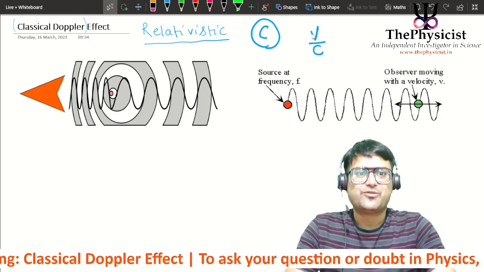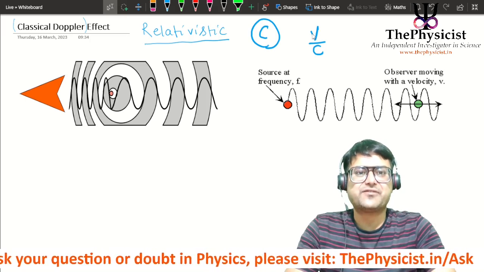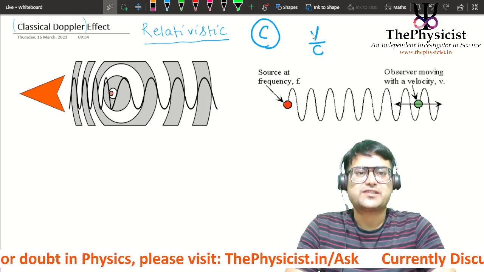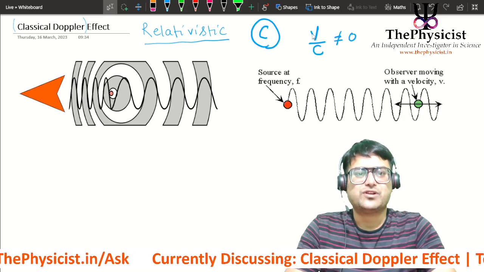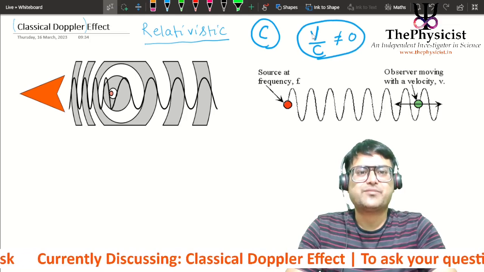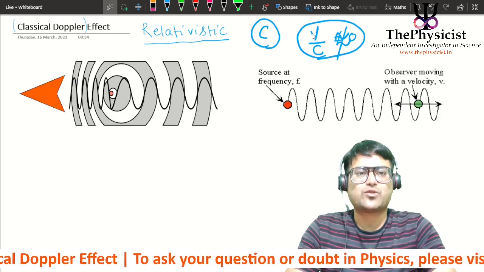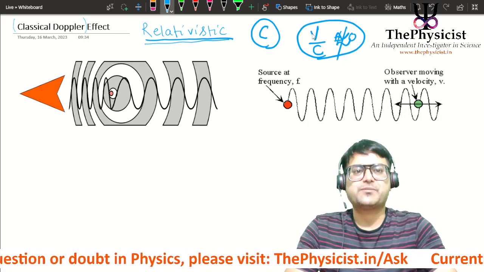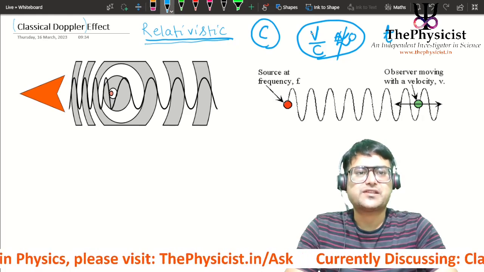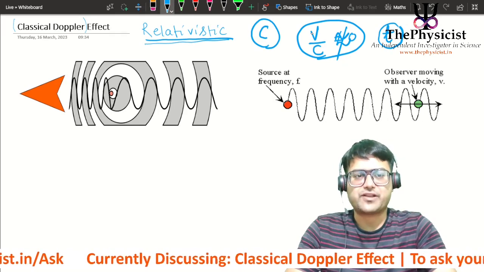When v by c is significant, when we cannot say it is approximately equal to zero, we have to take relativistic mechanics into account. That means time in itself will not be the same for every frame of reference.